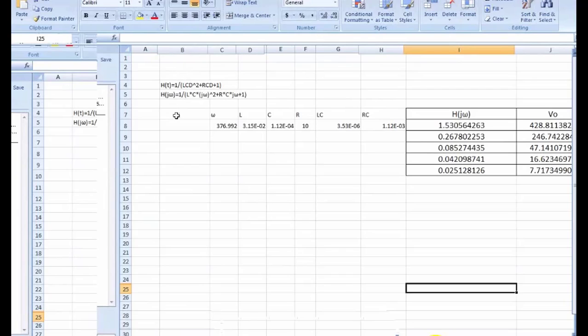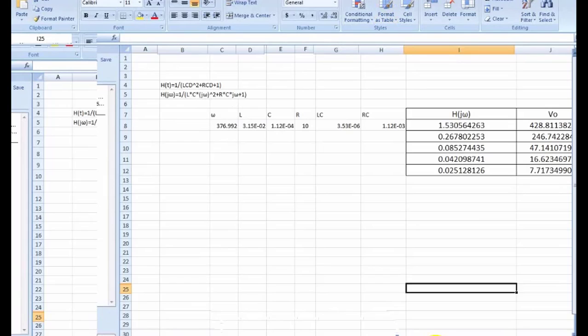If we convert into j omega terms, in the frequency domain, it becomes 1 over LC (j omega) square plus RC (j omega) plus 1. Right?